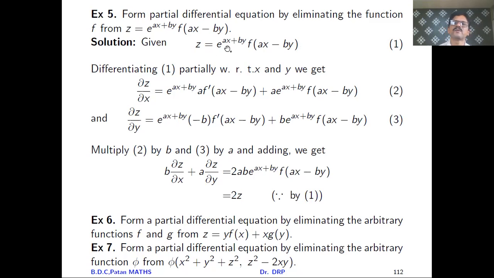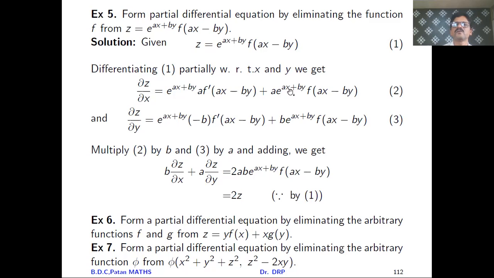While taking the derivative of an exponential function, we get the exponential function as it is. So the derivative of e to the power ax plus by is e to the power ax plus by as it is, into the derivative of the function in the power of e partially with respect to x.